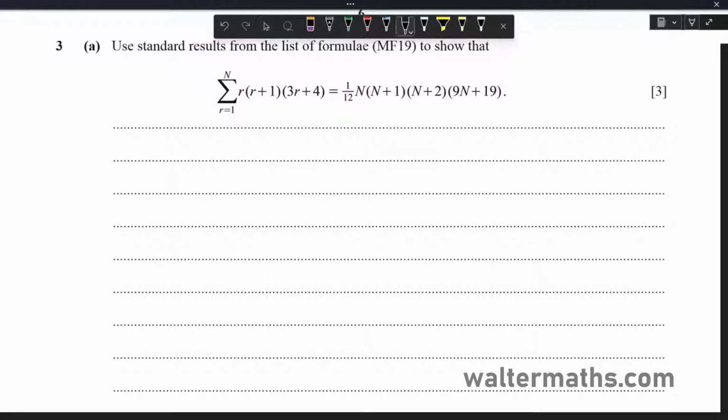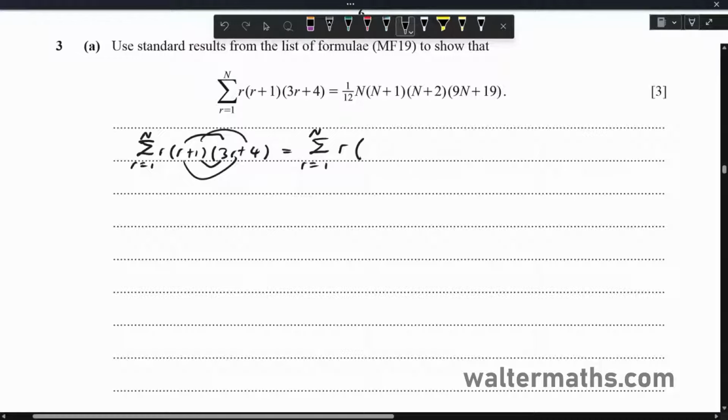We're going to say here, for the sum from r is equal to 1 up to n of r plus 1 of 3r plus 4, it is the same as the sum from r is equal to 1 up to n of r of, then we expand brackets here, which would give us 3r squared plus 7r plus 4, okay, which would be the sum from r is equal to 1 up to n of 3r cubed plus 7r squared plus 4r.